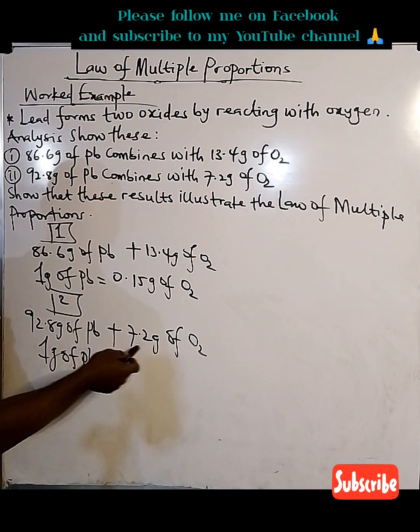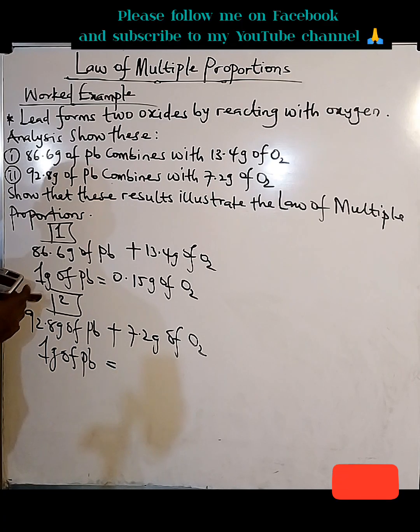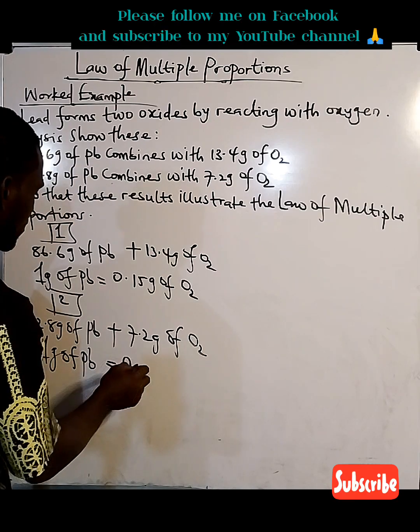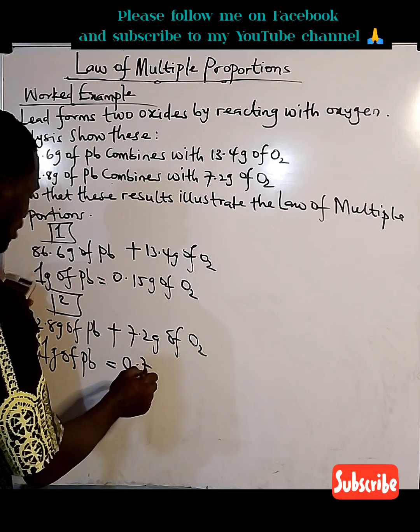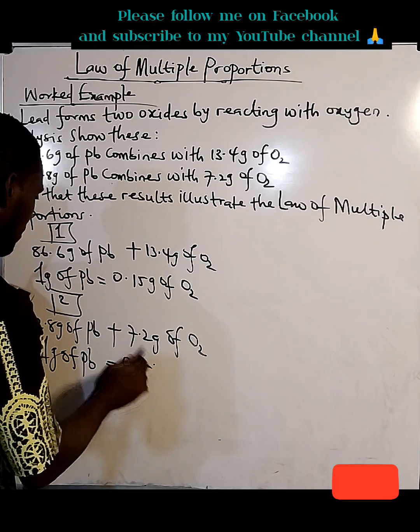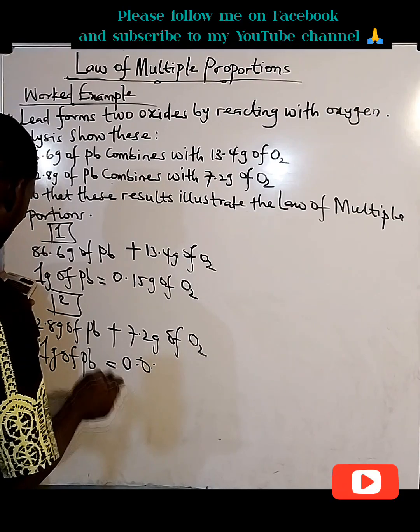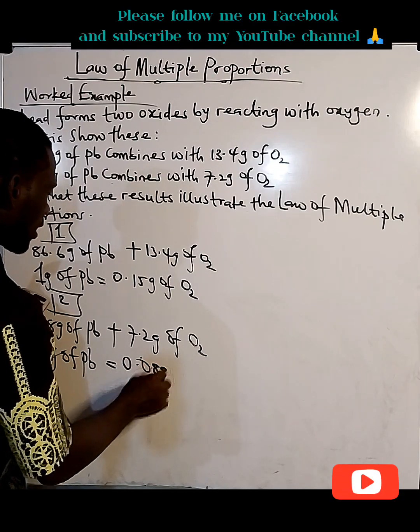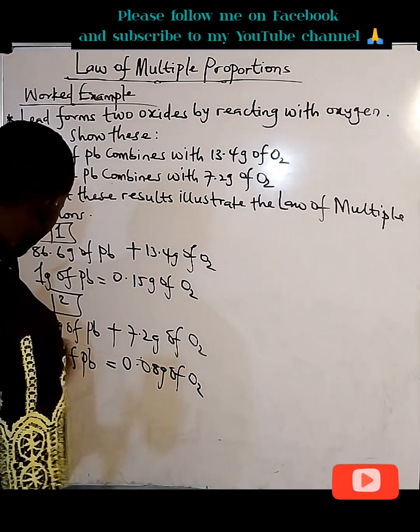So that's going to be this divided by this. That's 7.2 divided by 92.8. It will give us 0.0775, approximately 0.08 gram of oxygen.